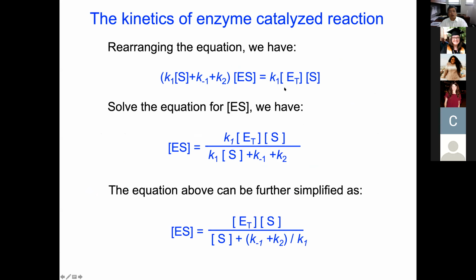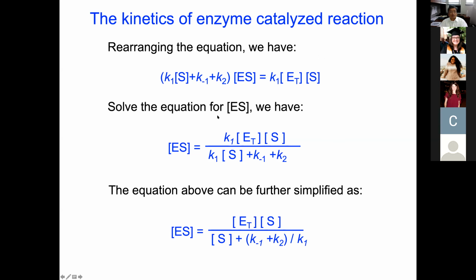So now with this equation, we can actually figure out what ES is. So we can work on that equation by rearranging the terms containing ES, and then we have K1 times substrate concentration plus K minus 1 plus K2, multiplied by ES concentration, equals K1 multiplied by ET, which is the total enzyme concentration, multiplied by the substrate concentration.